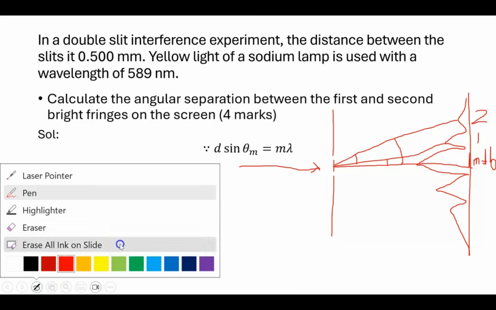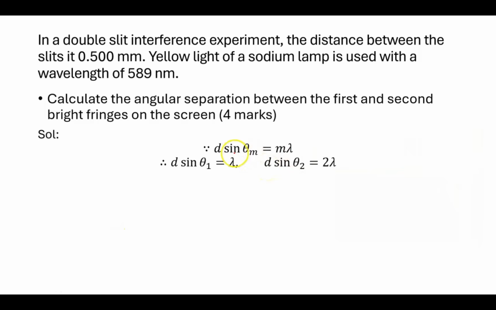I will erase all this. So if you want to find the angular displacement of the first order maximum, you just substitute m equals 1 here. And the same thing for m equals 2 here. You just substitute it in and you get the angular displacement of the respective maxima. And then you just solve for the angles, because we are going to take their difference later.